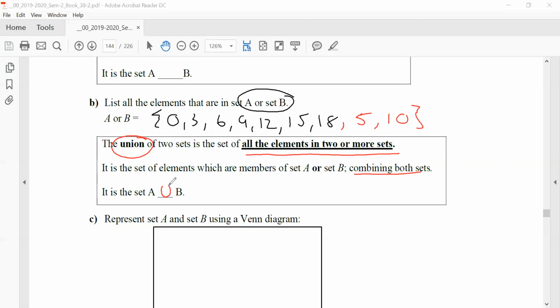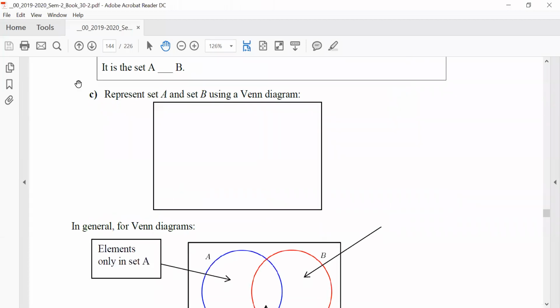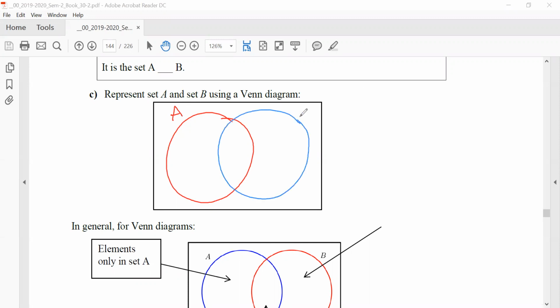Now, what I should always do on these questions is list my elements and draw a Venn diagram. So we had two sets here. We had set A, which was divisible by 3, and set B, which was divisible by 5.